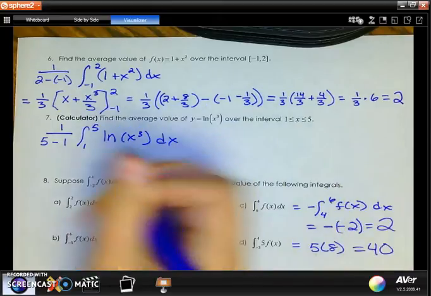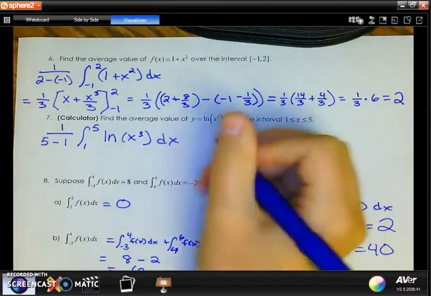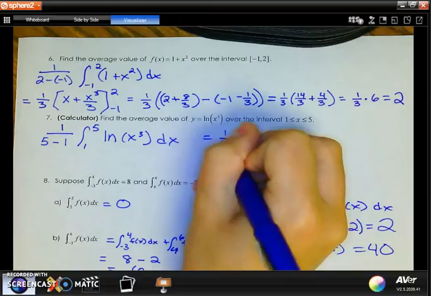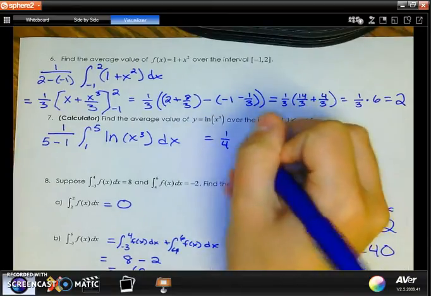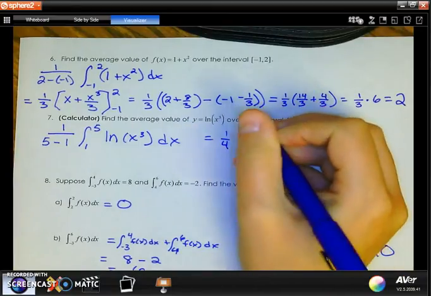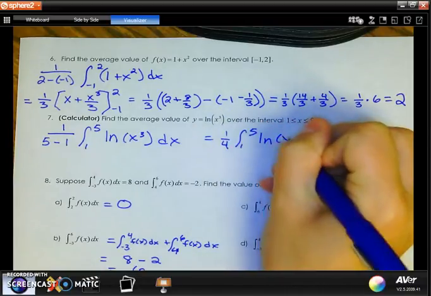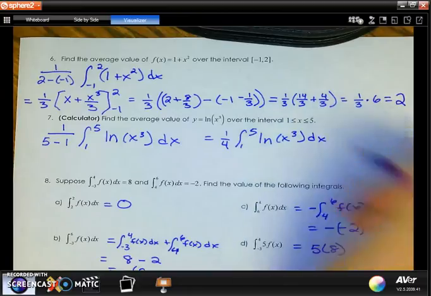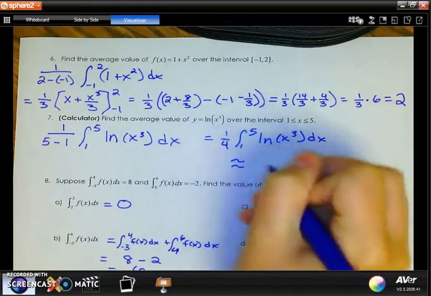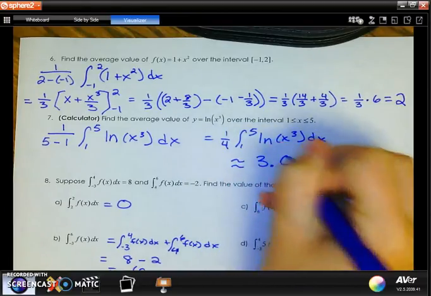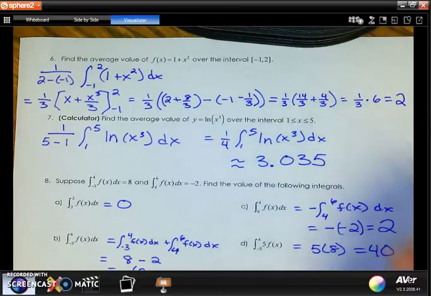So you would end up doing 1/4, right? So this is 1/4. And then via math 9, you would get a number and just multiply it by that. So you'd still use your calculator for this part, but by showing this work, you would ensure yourself some partial credit. And if you type that in, you should get 3.035 when you go ahead and take account of that fourth as well.